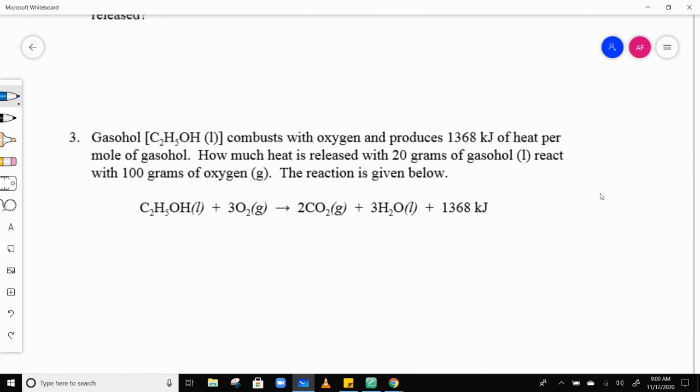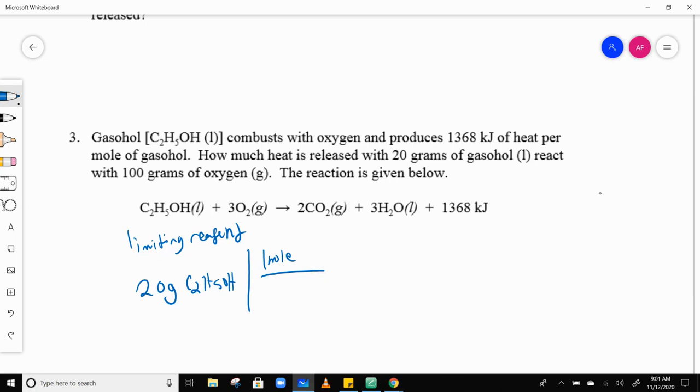Number 3, though, says gasohol combusts with oxygen and produces 1368 kilojoules of heat per mole of gasohol. How much heat is released when 20 grams of gasohol reacts with 100 grams of oxygen? Okay, so this is a limiting reagent problem. So what you need to do is take that 20 grams of gasohol, C2H5OH, and convert it to moles.